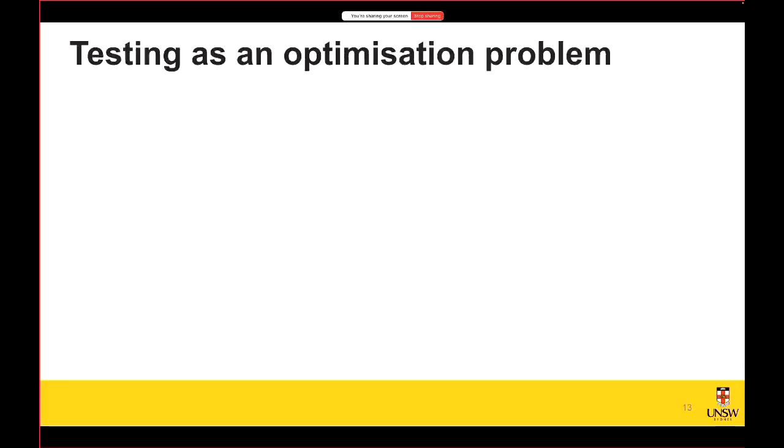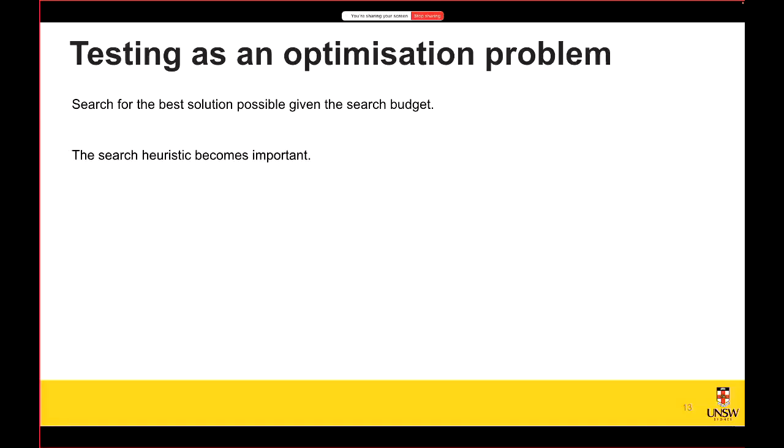And now let's try to formulate testing as an optimization problem formally here. So we know that instead of finding the best solution, we can find the best possible solution. And therefore, the heuristic becomes important here, right? Because we have a limited budget, we cannot exhaustively try out everything.